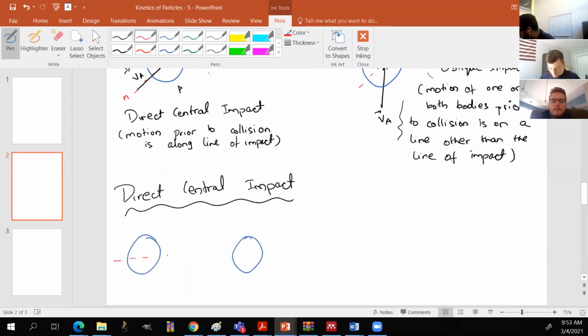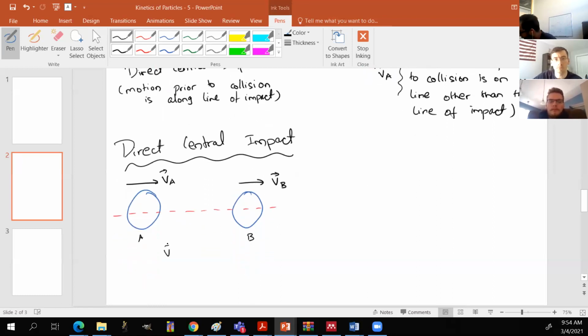You have the line of impact like that, right? You know that, let's say that this ball is A, this one is B. So this is traveling with a velocity VA, and this is traveling with a smaller velocity VB, such that they hit each other, right?